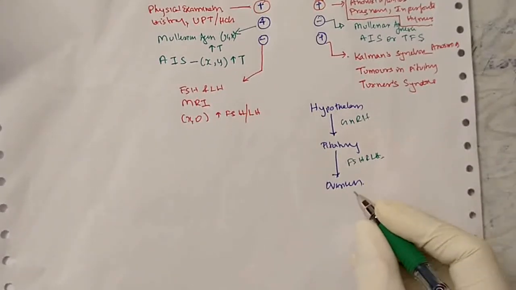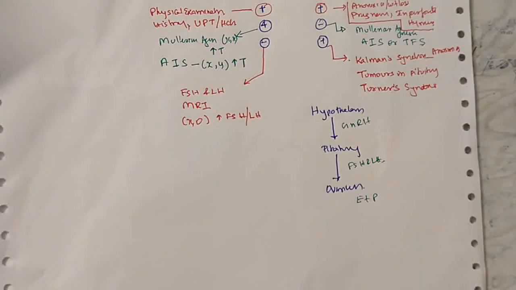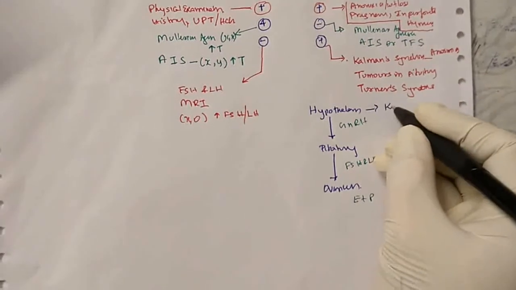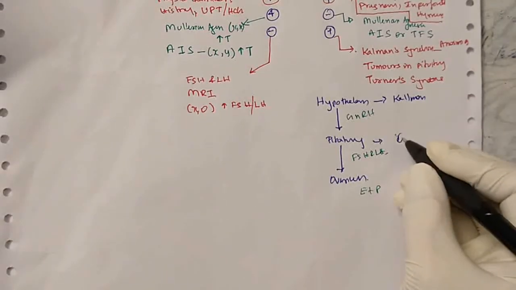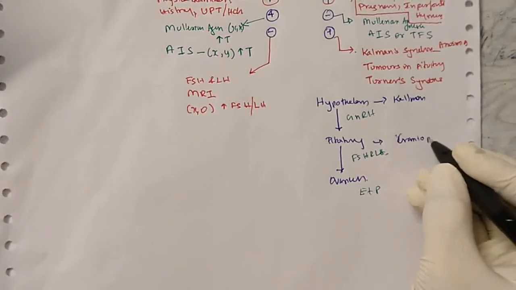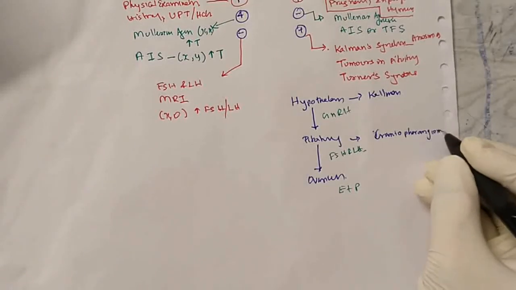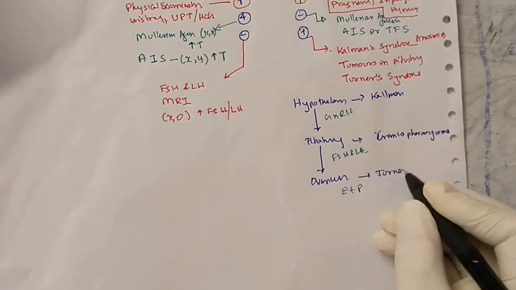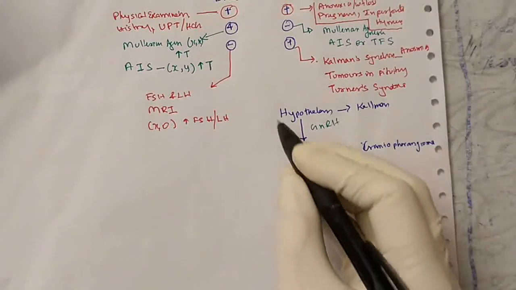And estrogen and progesterone are released by the ovaries. So here you'll have Kallmann syndrome. Here you'll have tumors like craniopharyngioma. And here you'll have Turner syndrome. So this is how we differentiate.